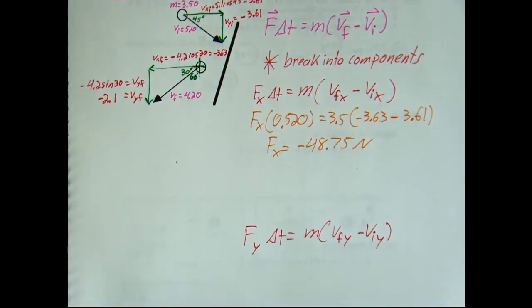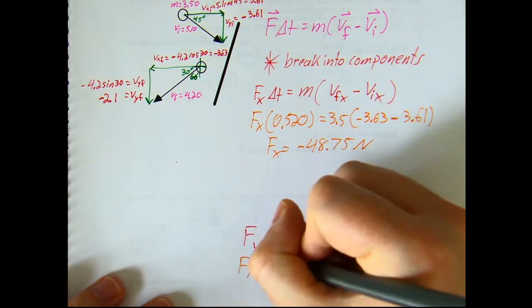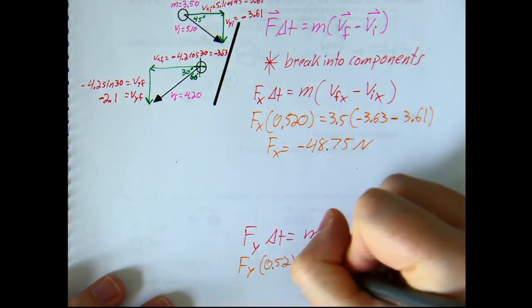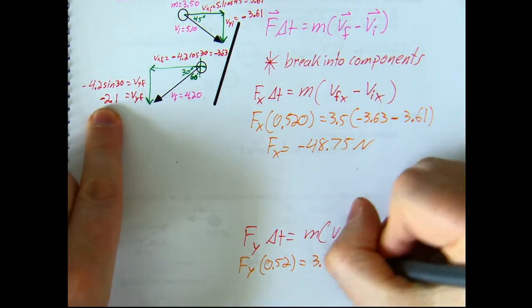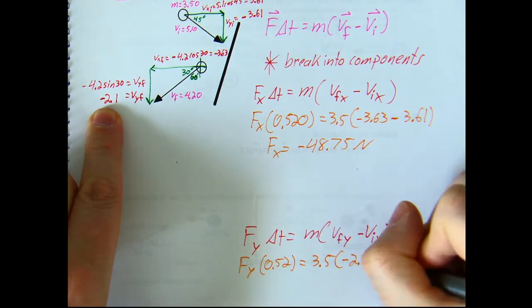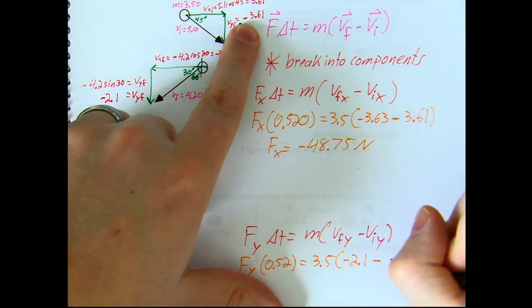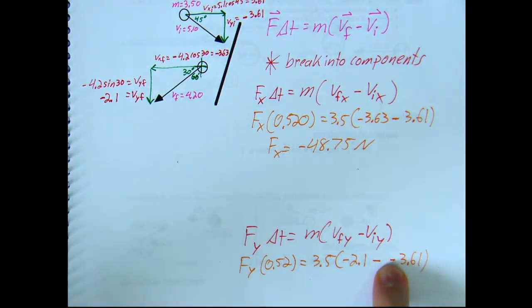Slide this guy down here a little bit so we can do the same thing down here. We're going to get Fy, the time doesn't change, 0.52 seconds, is going to equal the mass, which doesn't change. Now we're just dealing with a final y, which is negative 2.1, minus, now our initial y is negative 3.61. Don't mess up these negatives here. Make sure you're really deliberate about how you're going through it.